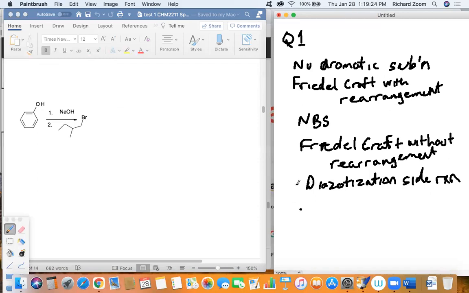Williamson ether synthesis, a phenol reaction, which would be Williamson or Kolbe.